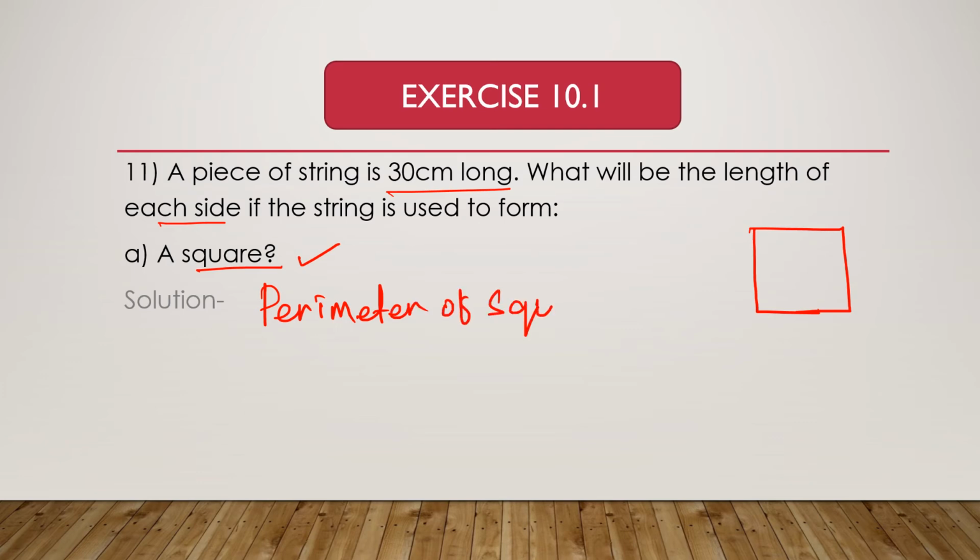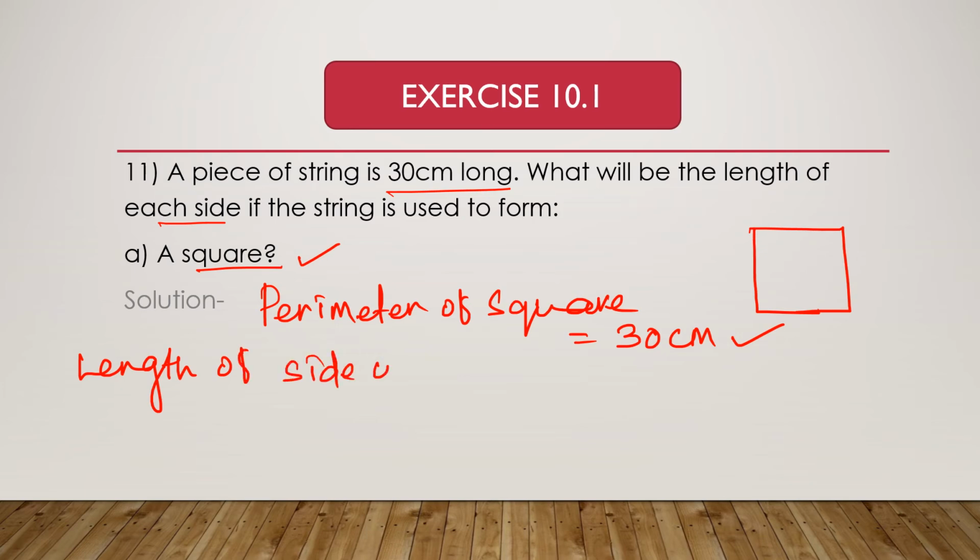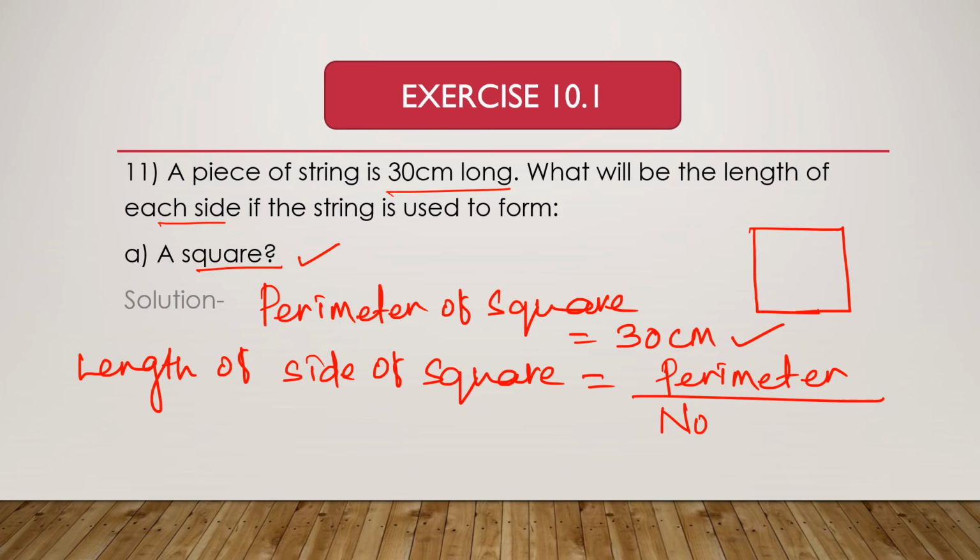So length of side of square will be perimeter divided by number of sides.